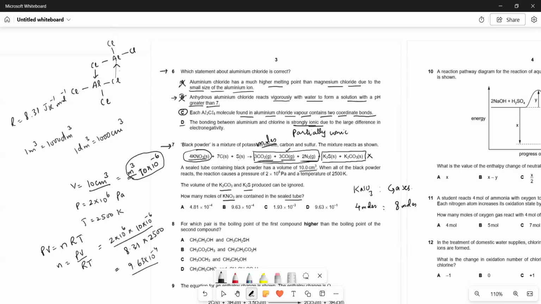So if these are the moles of gases, 9.63 into 10 raised to power minus 4, how many moles of potassium nitrate have been used? Half of it, isn't it? So the option is A. Is it clear?